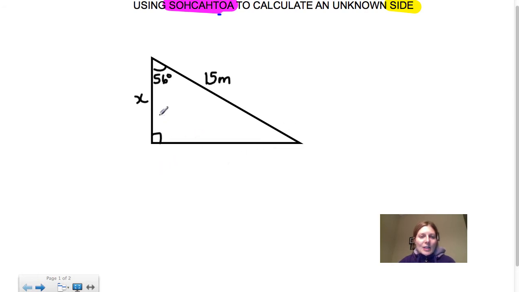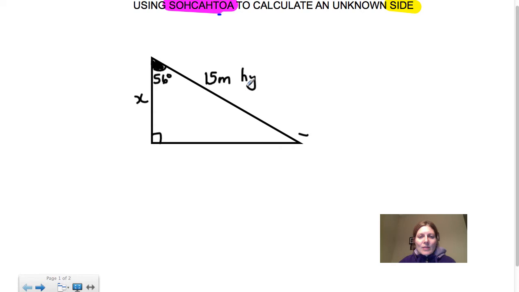So what I need to do first is decide which sides of the triangle I'm going to consider to find out what the value of X is. Based on the angle that I've been given, I need to determine what these sides are in relation to that angle. The longest side is always my hypotenuse.